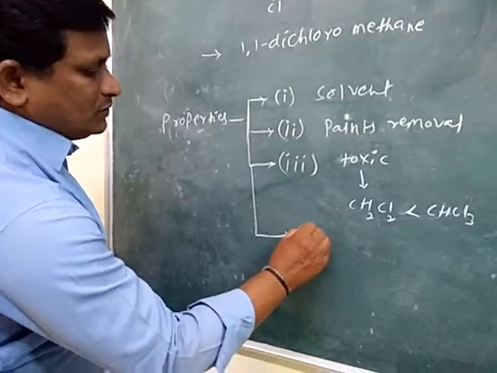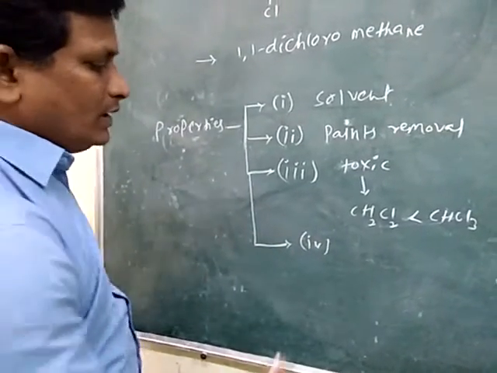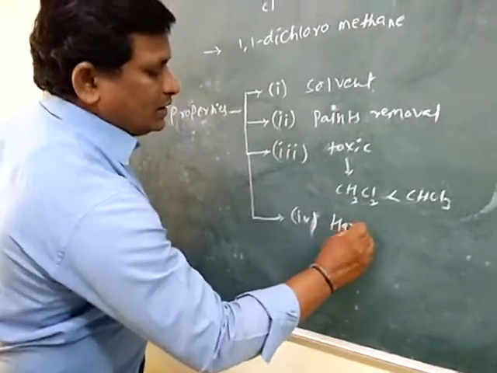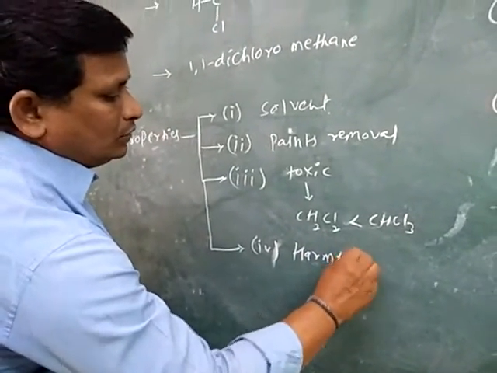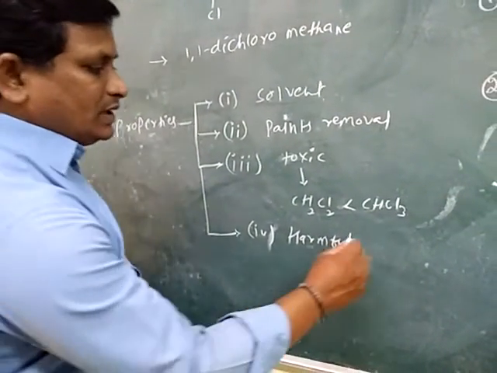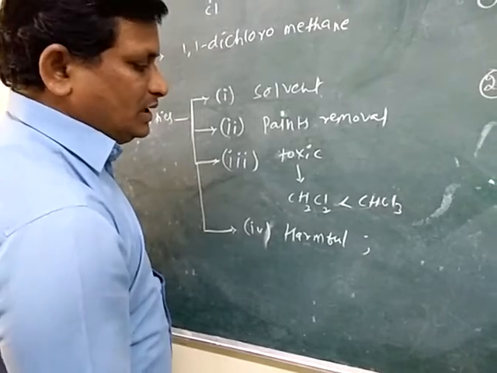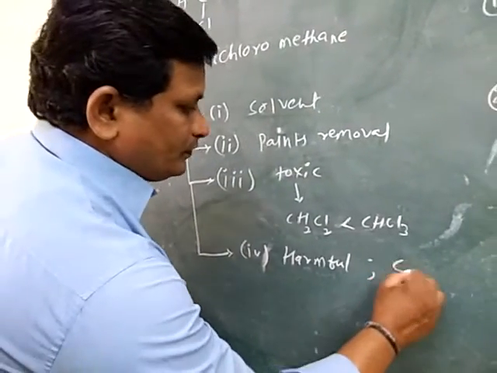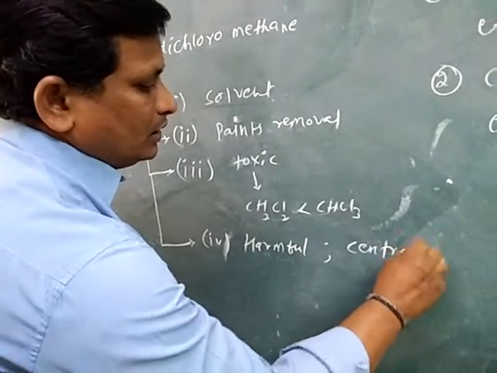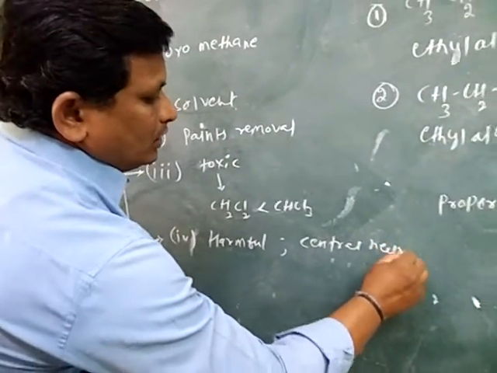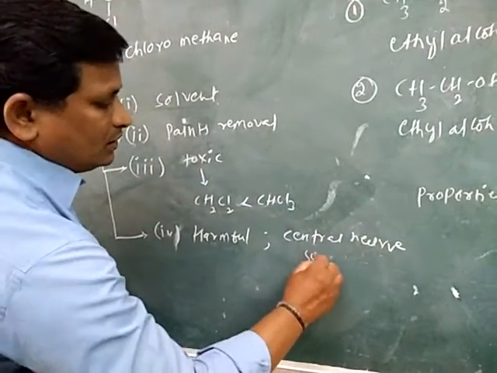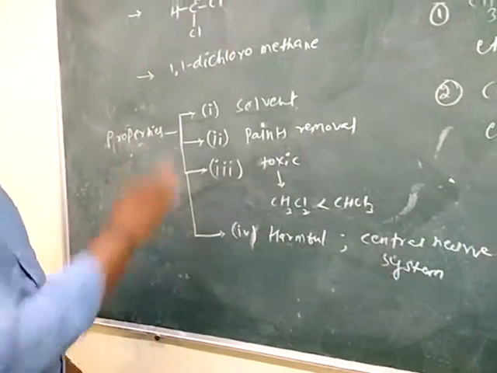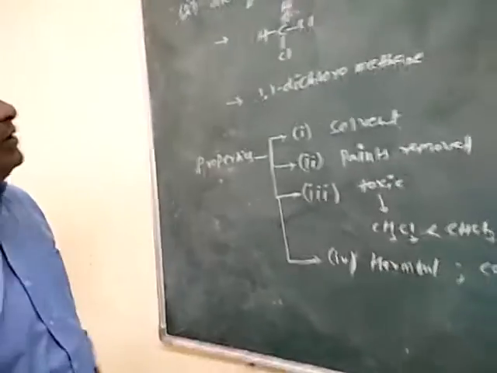The next property is that it is very harmful to human beings, as it affects the central nervous system of human beings. These are the properties of methylene chloride.